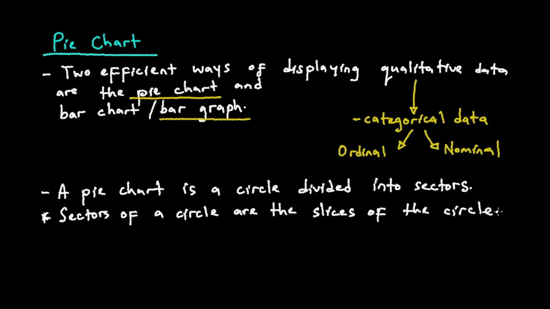Saka tiri papa, the angle size of each sector is proportional to the frequency of an observation regarding the total number of observations on a subject.